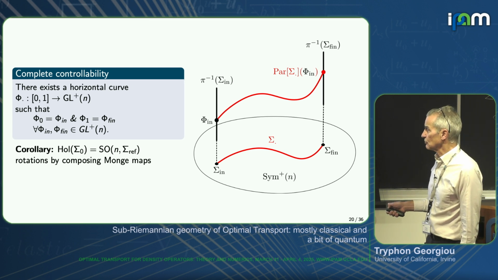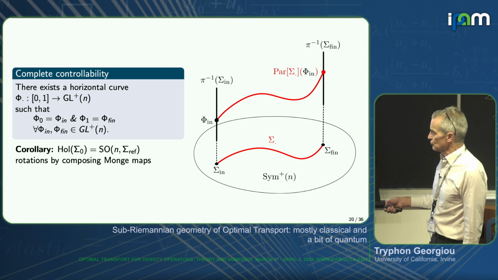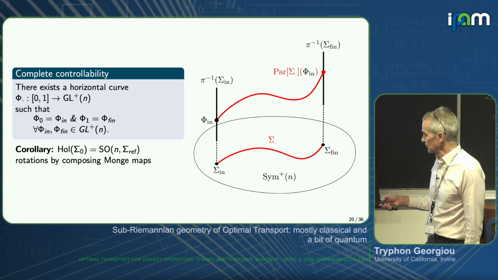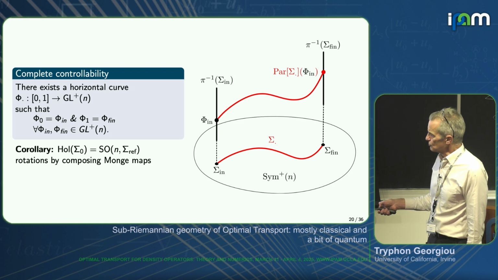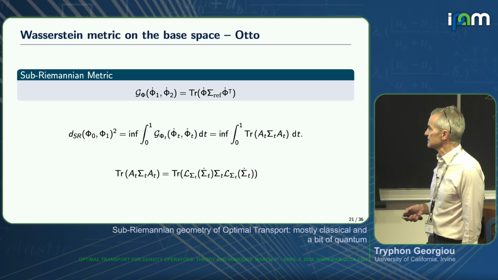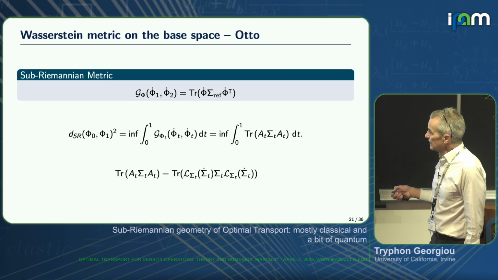There is a horizontal curve that connects any two points on the two fibers. Okay, and this, of course, implies back that the holonomy group is the whole of SO(n). And it's simply a consequence of the fact that any rotation can be obtained by composing Monge maps.